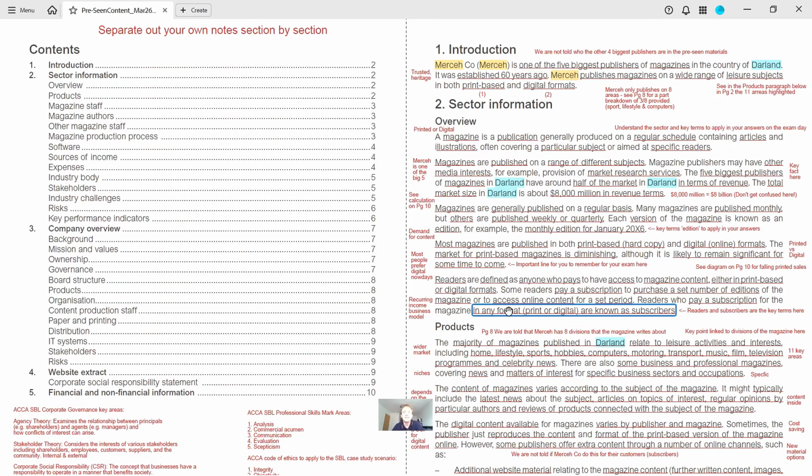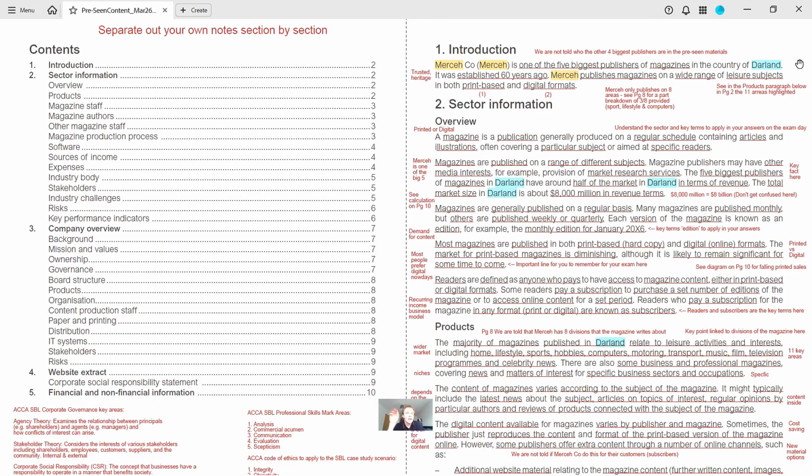We'll come on to this, but it's basically getting you to think, well, these are the areas that we've been told about. But then what are Merceh Co actually doing? Which is only 3 areas of sport, lifestyle, computers, and home was an additional one mentioned in the company background.